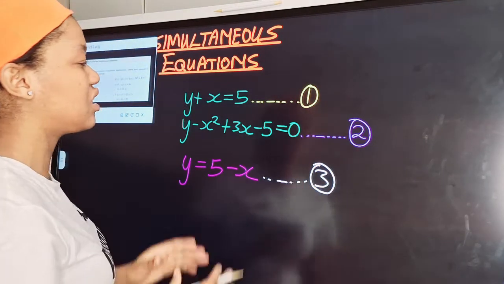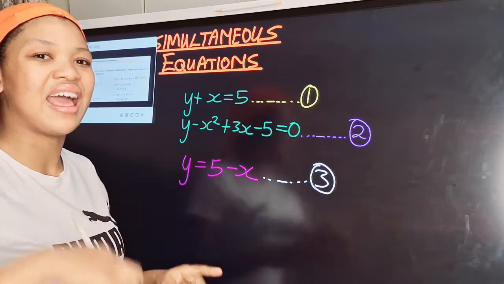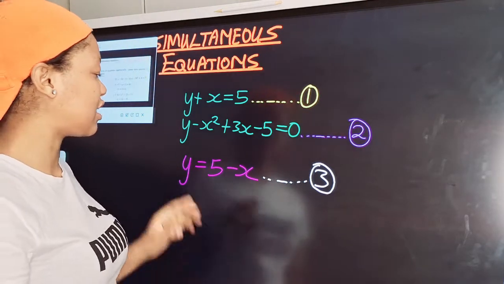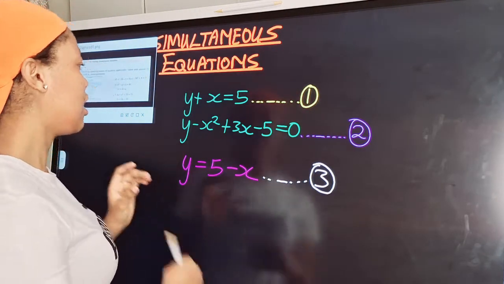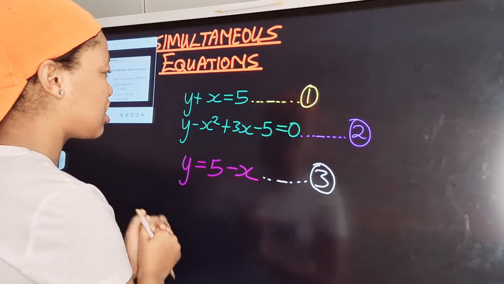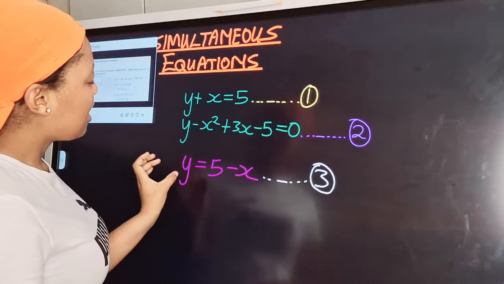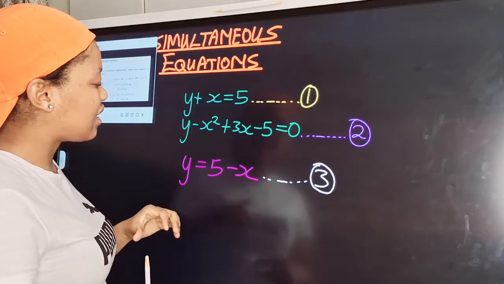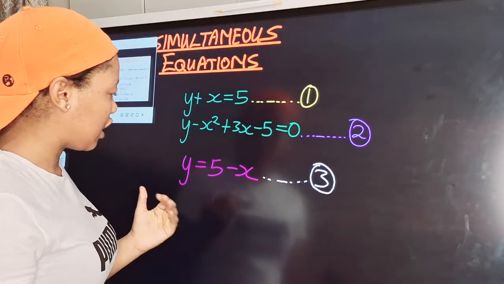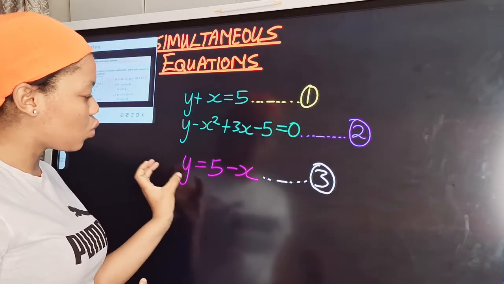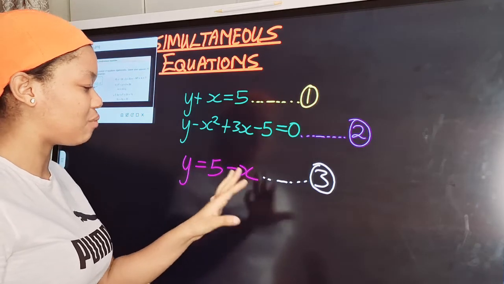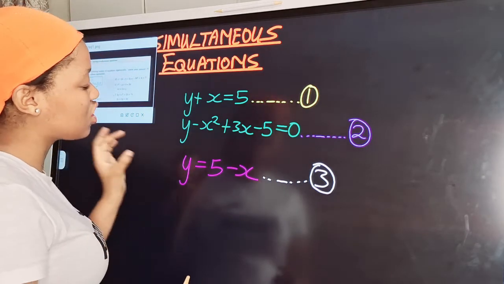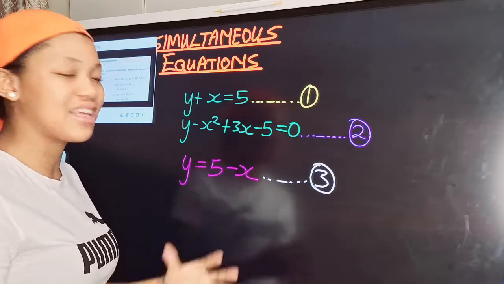So with substitution, like I said, we create a third equation. After we create equation number 3, wherever we see y, we can substitute 5 minus x, because according to this equation, y and 5 minus x are equal.